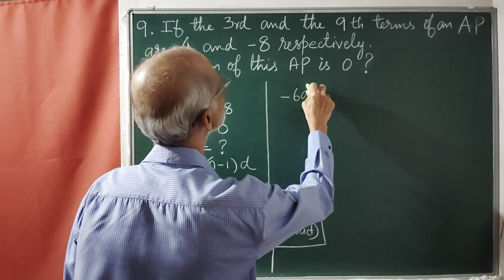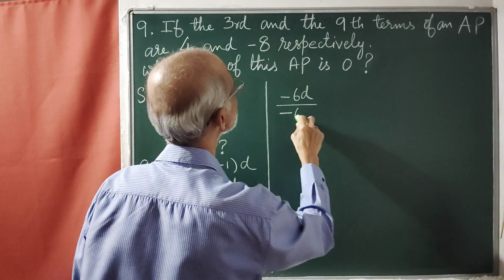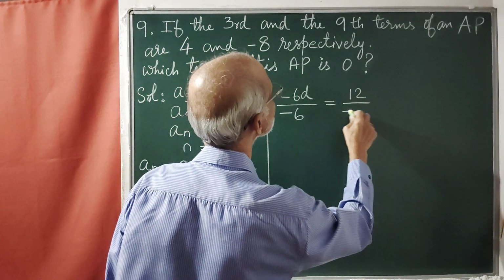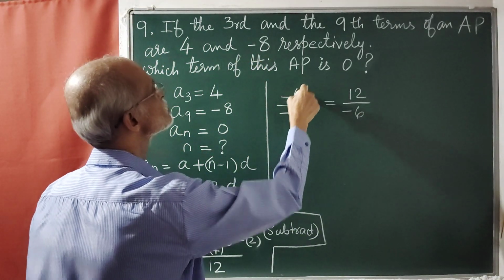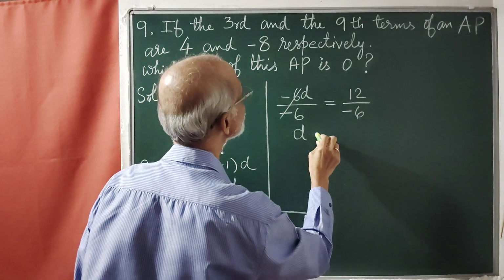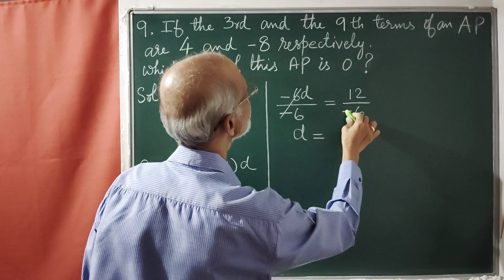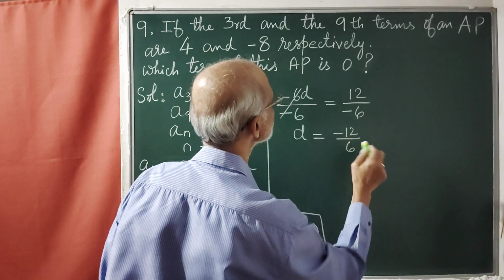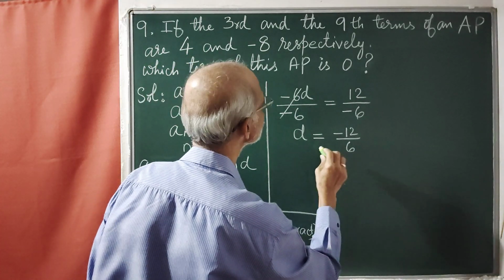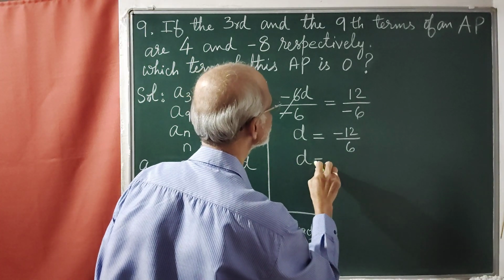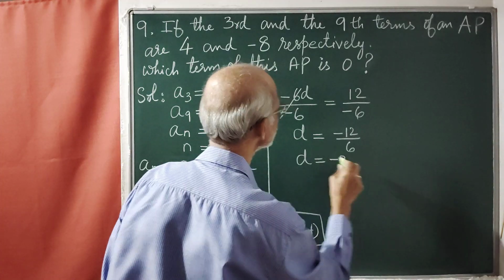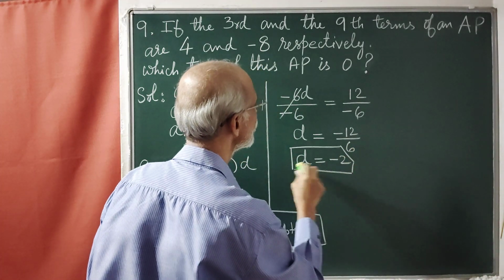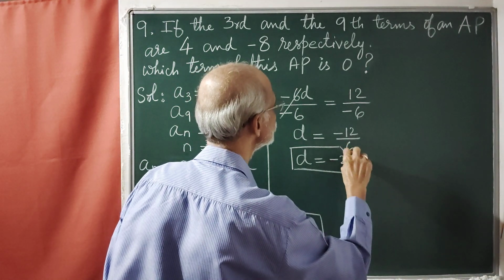Minus 6D by minus 6 is equal to 12 by minus 6. Here minus 6 will get cancelled. So D will be equal to, the minus will go up, minus 12 by 6. That is, D will be equal to minus 2. The value of D is minus 2.